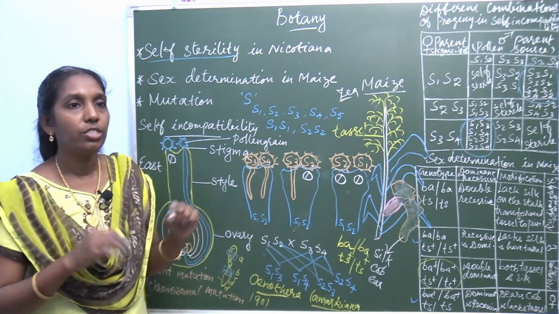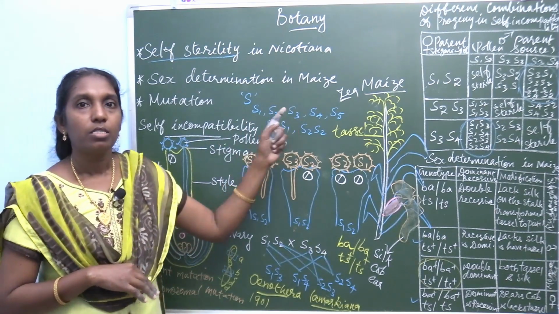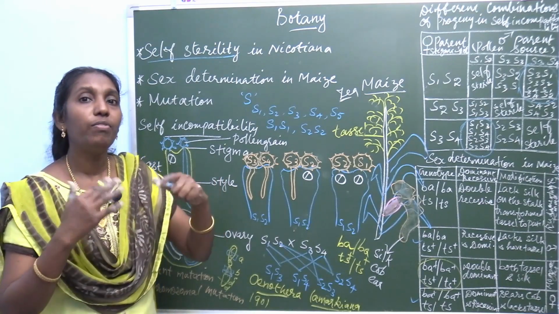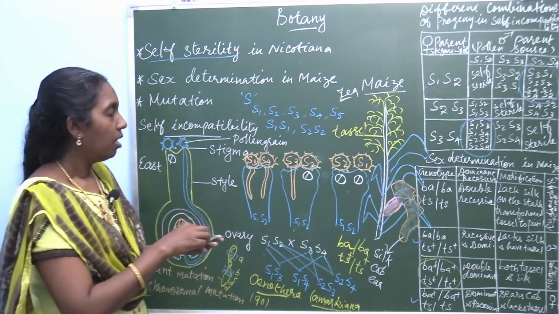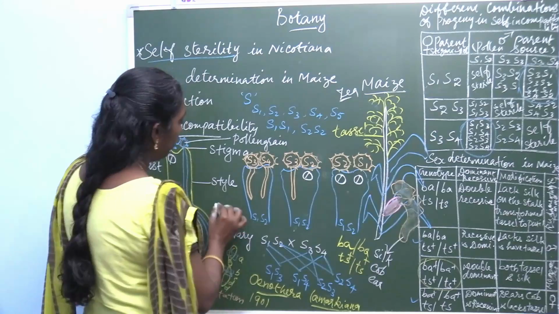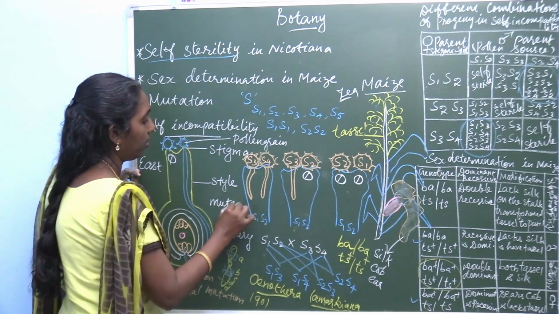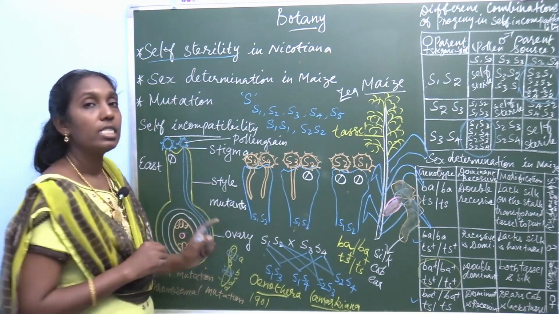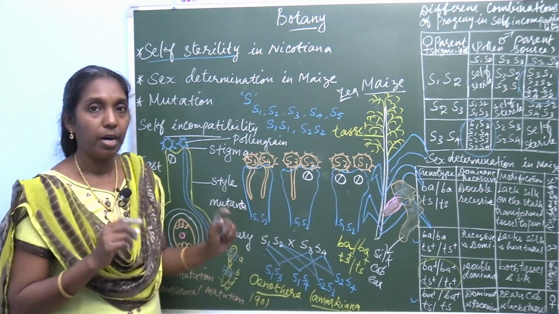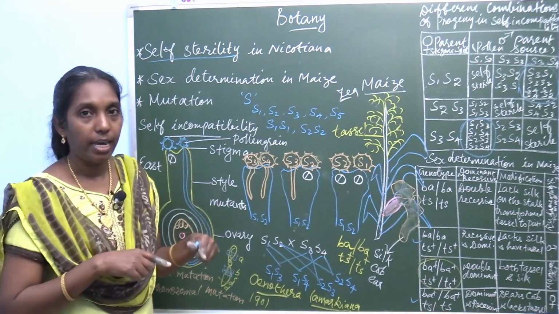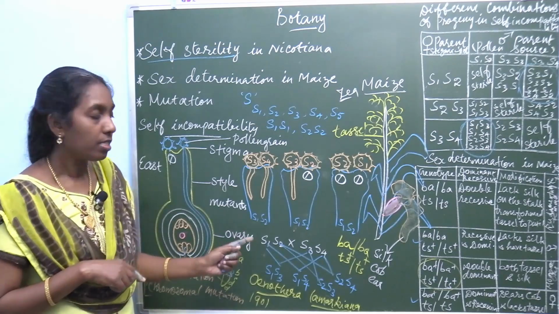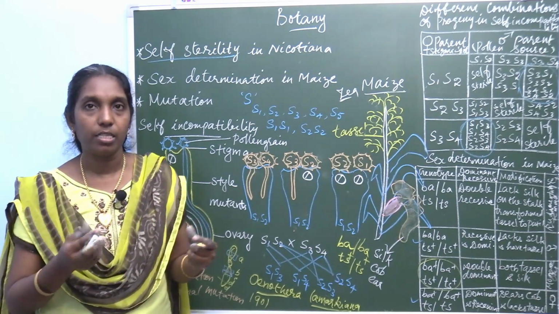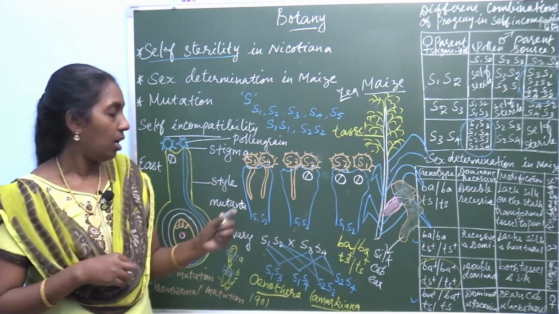So, the production of mutants. What happens? New varieties are formed, mutants. Mutants are formed by mutagenic agents. What are mutants? Mutants are the new variety or new form, new character.